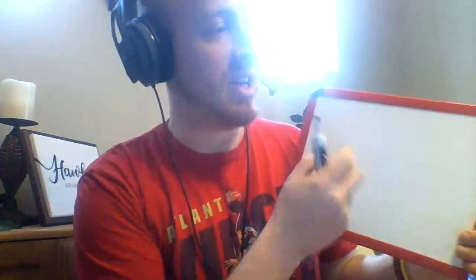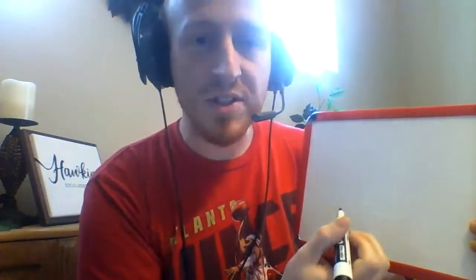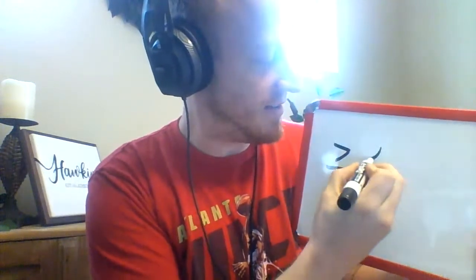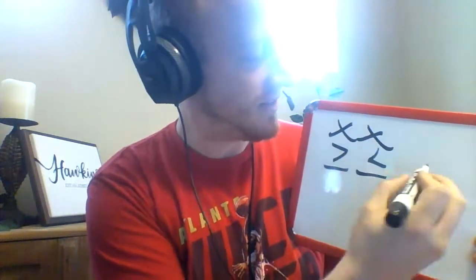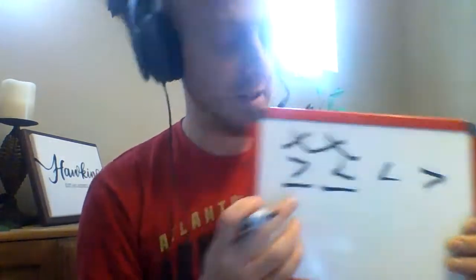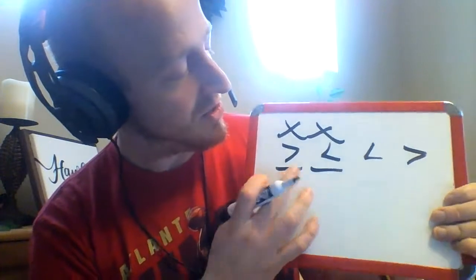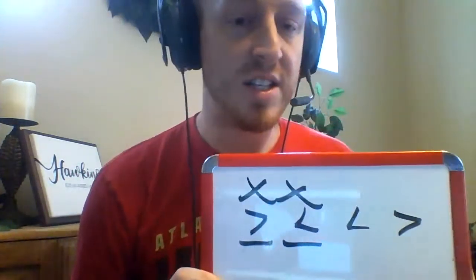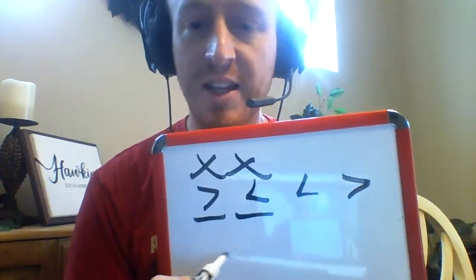Process of elimination. It's an open circle, which means if it has the line, it's wrong. There's only going to be a certain amount of options, right? It's either going to be greater than or equal to, less than or equal to, less than or greater than. So since it's an open circle, we can eliminate these.